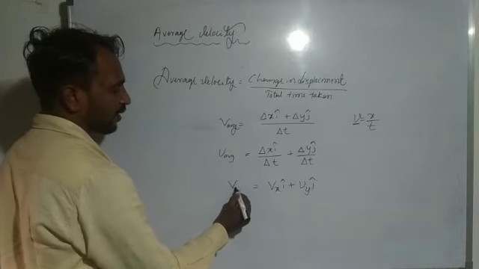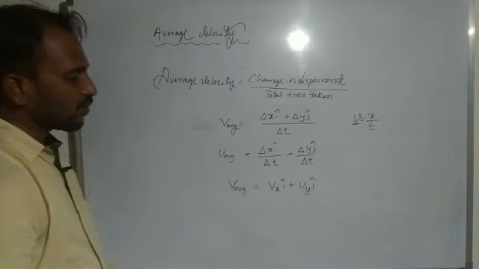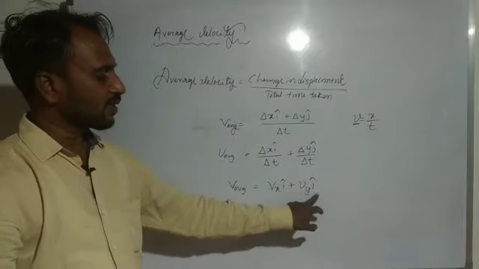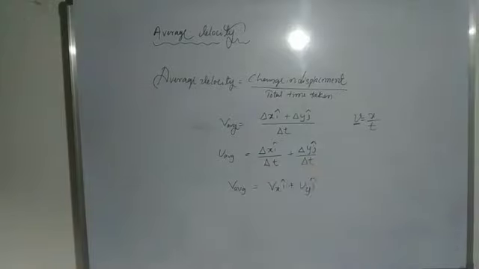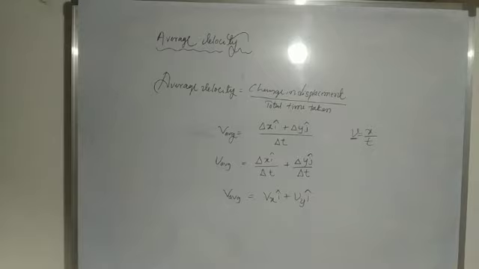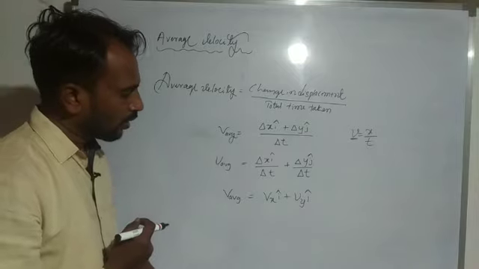So average velocity is equal to Vx i cap plus Vy j cap. This is the average velocity in a plane.